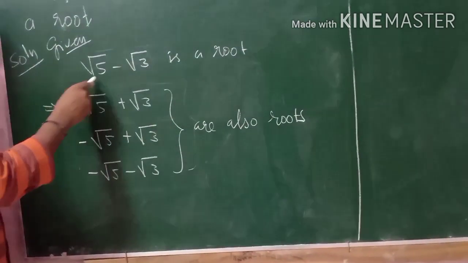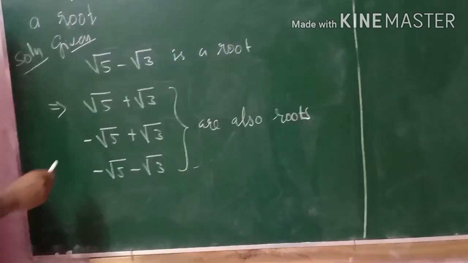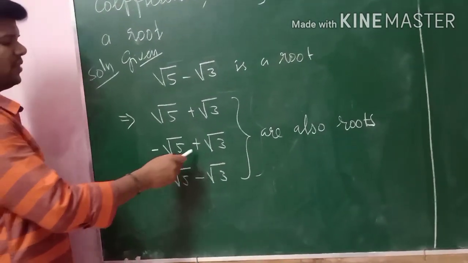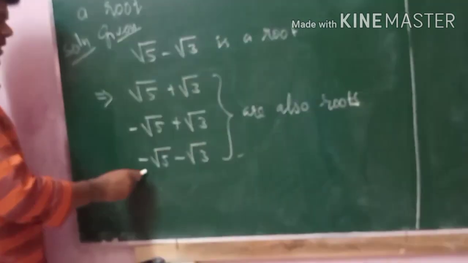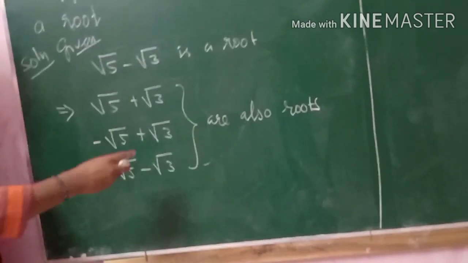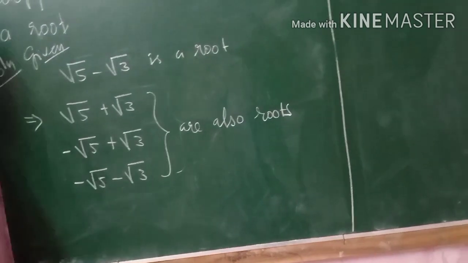So if square root of 5 minus square root of 3 is a root, then square root of 5 plus square root of 3, minus square root of 5 plus square root of 3, and minus square root of 5 minus square root of 3 are also roots of the same polynomial equation.